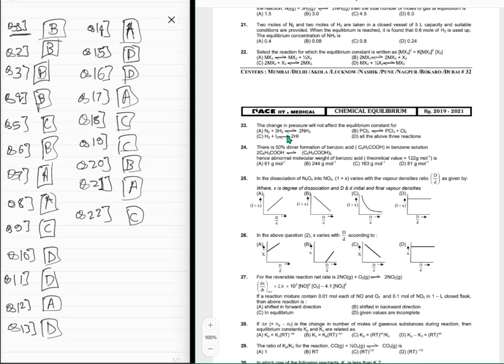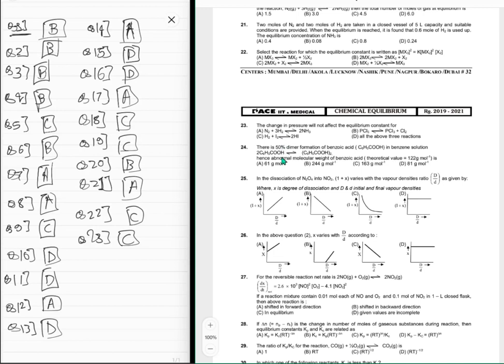So that's why it will shift to the right for reaction A. Similarly, for this reaction, it will shift to the left, and for this reaction, it won't shift because both sides have an equal number of moles. So C is how it should be, right? In fact, later on we'll also derive how the total pressure actually affects everything. We'll do that later. But right now, it's just Le Chatelier's principle. So question number 23, C.